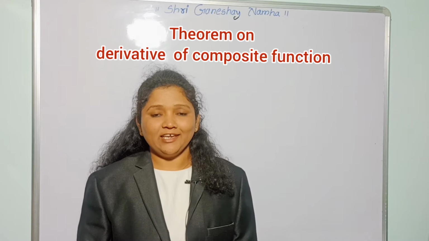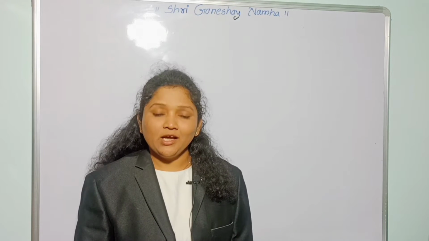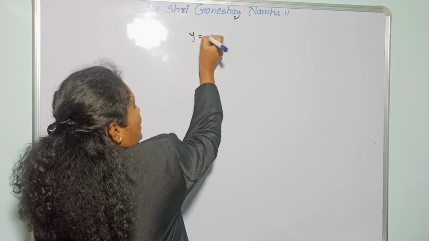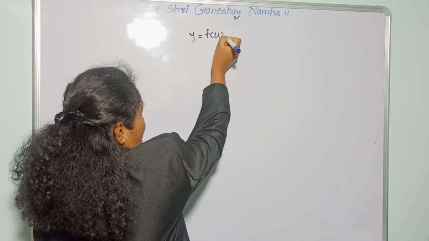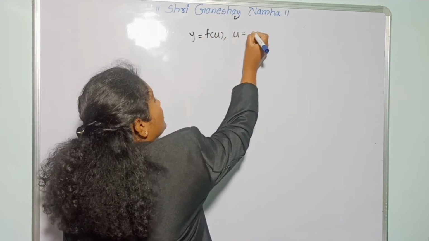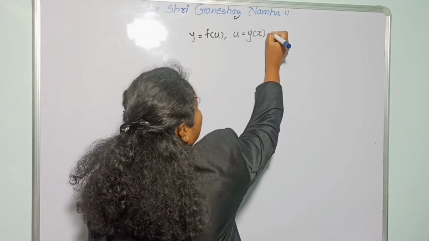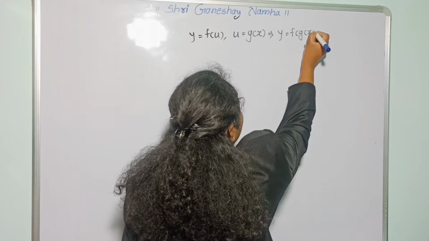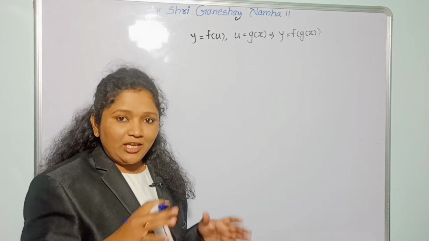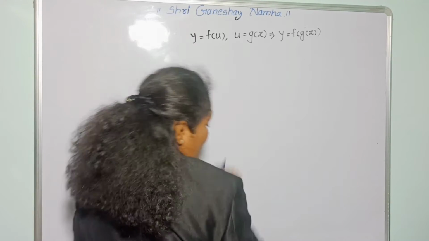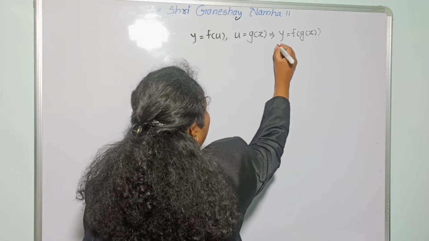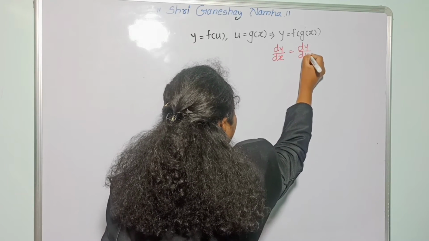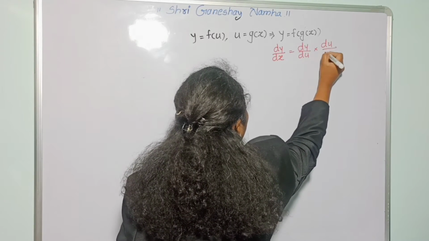And today's topic is the theorem on derivative of composite function. The statement of the theorem is: if y is a differentiable function of u and u is a differentiable function of x, meaning the composite function is y equals f of g of x, then the derivative of y is dy upon dx equals dy upon du into du upon dx.